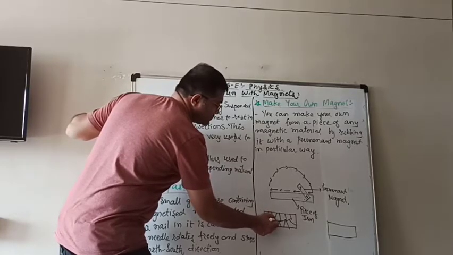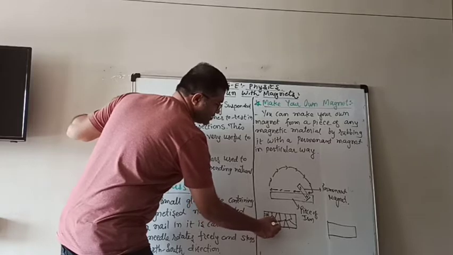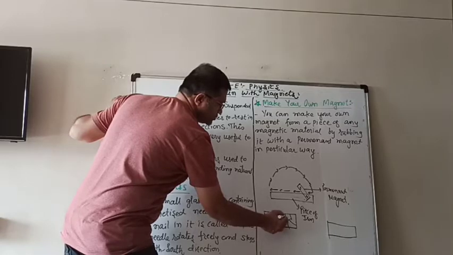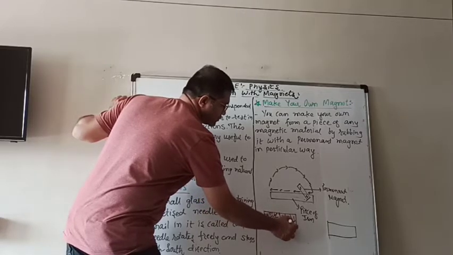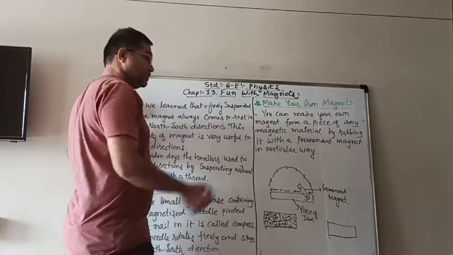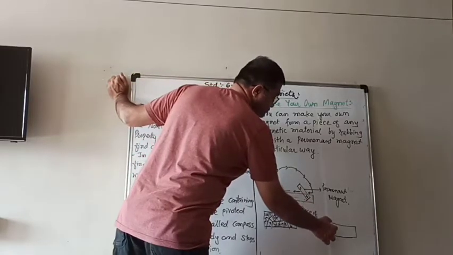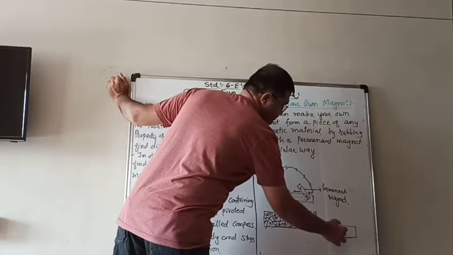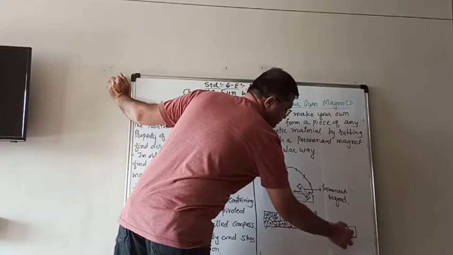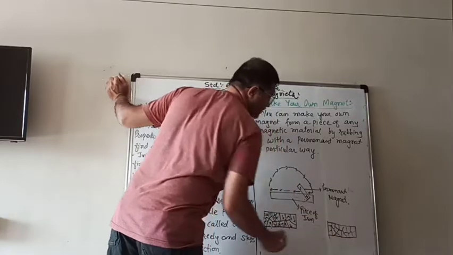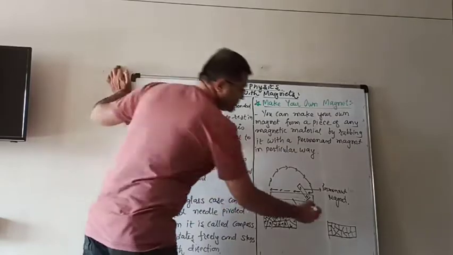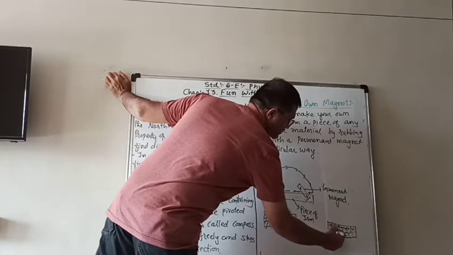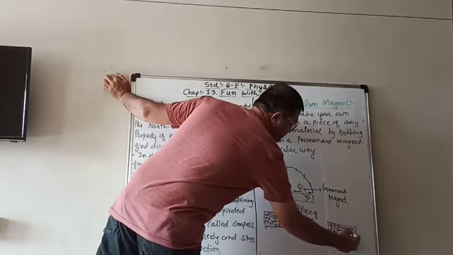Some are in this direction, some are in that direction, some are in this direction, some are in the upward direction, like that. But in the permanent magnet or the natural magnet, which we already have, all the tiny magnets are in the same direction, like that. All will be in the same direction.